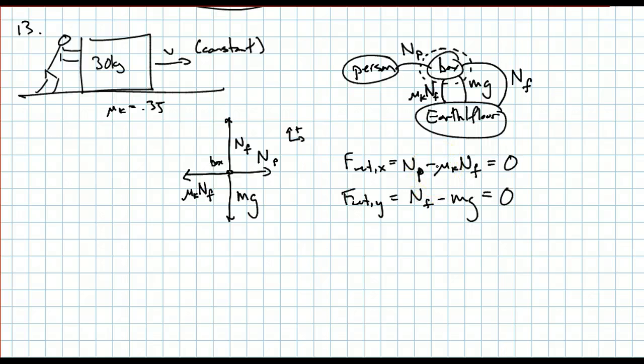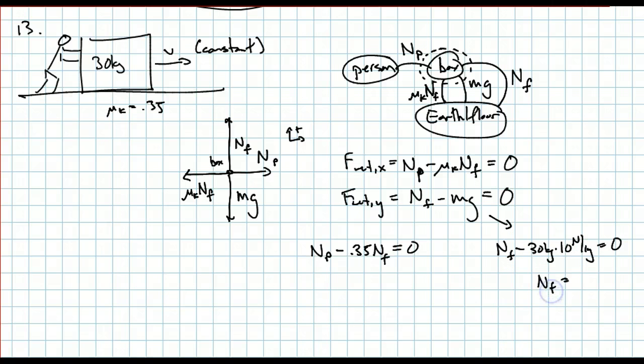So at this point, you can plug in some numbers if you want to. The normal force of the person, that's what we're looking for. The coefficient of kinetic friction is 0.35 times the normal of the floor. We don't know what that is yet, but we can get it from over here. So the normal of the floor minus the 30 kilogram mass times 10 newtons per kilogram equals 0.